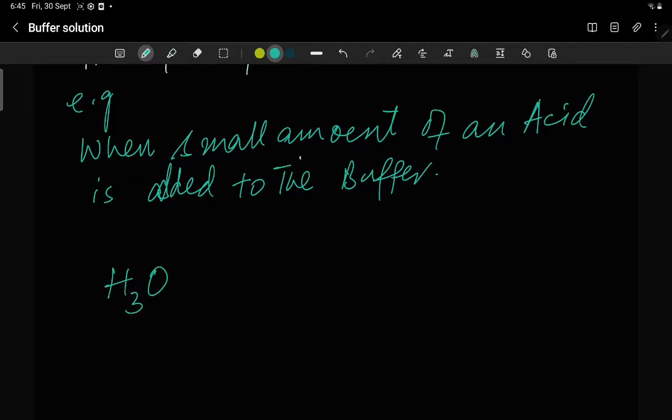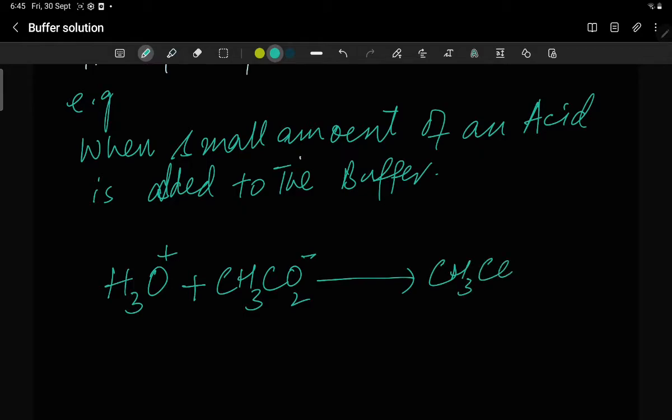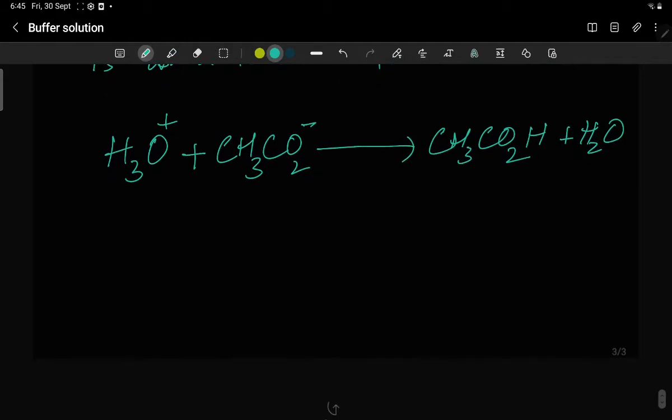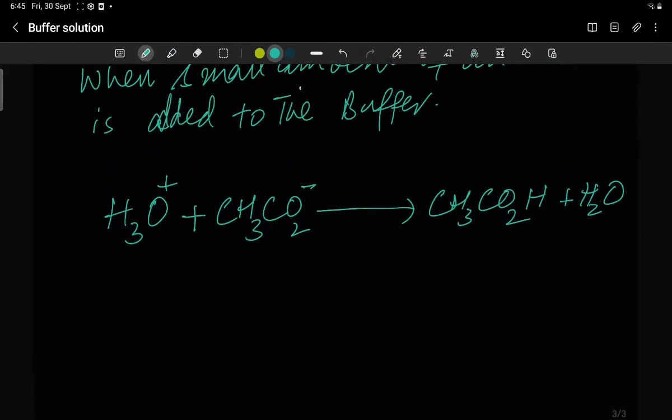Ethanoate ion reacts with acid to form undissociated acid and water.